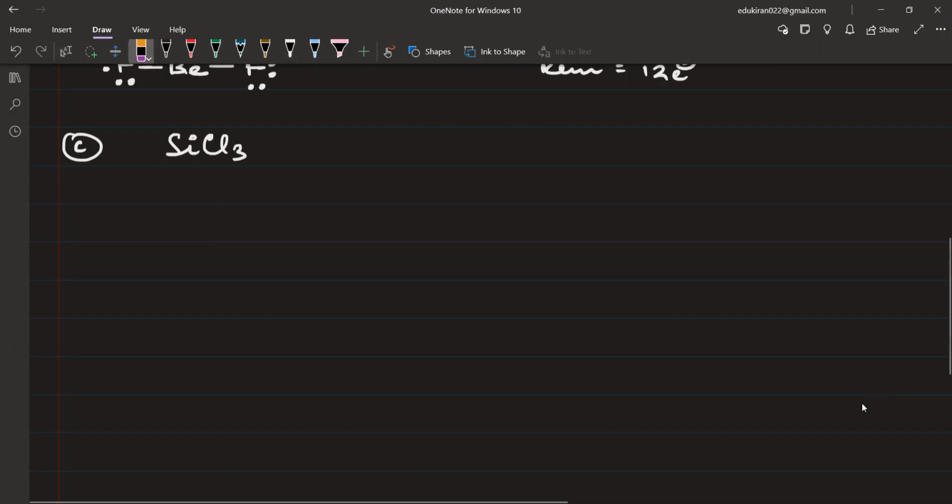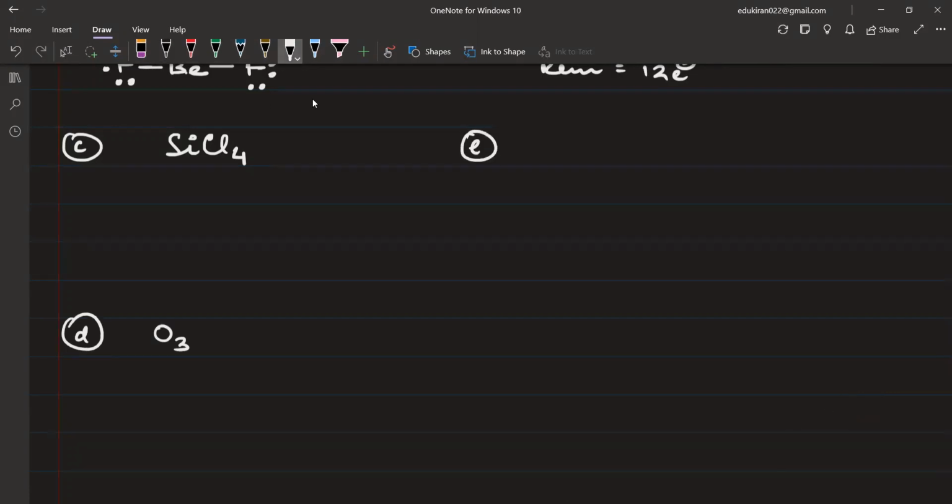I think it will not be SiCl3. Wait a second. Please make SiCl4. SiCl4, not SiCl3. Also draw for ozone, that is O3. And NO3 negative.